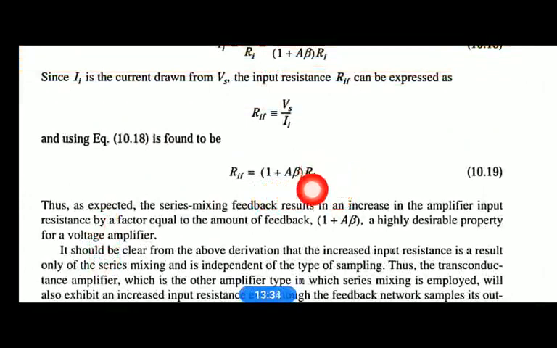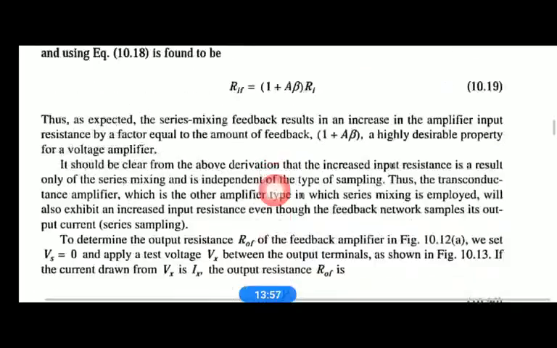Without feedback the input resistance is Ri; with feedback it becomes 1 plus A beta into Ri, which means the input resistance is increased 1 plus A beta times. Usually A beta is a huge value, so the input resistance is increased here.